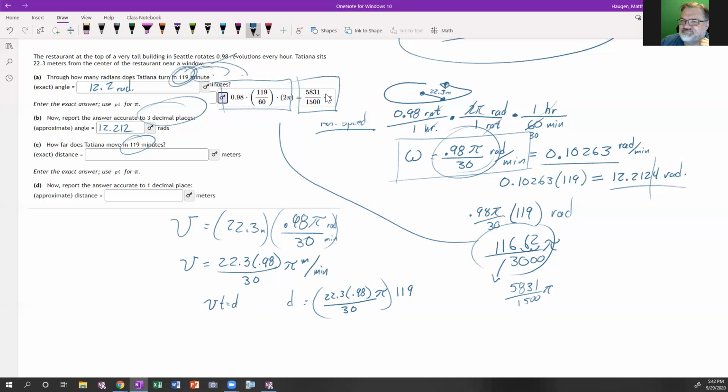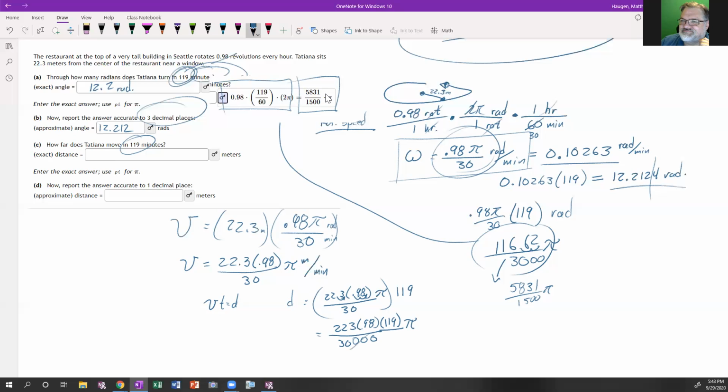So to kind of follow their vein, again, I hate decimals in my fractions. So I'm going to move that over once, that over twice. That's going to give us 223 times 98 over, we moved 1, 2, 3, so 1, 2, 3. Now there are no more decimals, awesome. Times 119 times pi. So then just multiply all this together, reduce the fraction if you can.